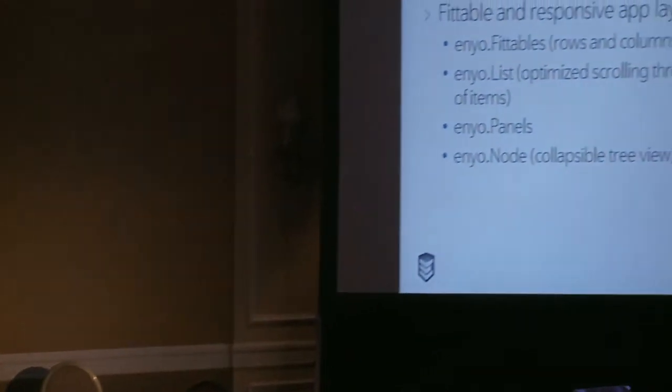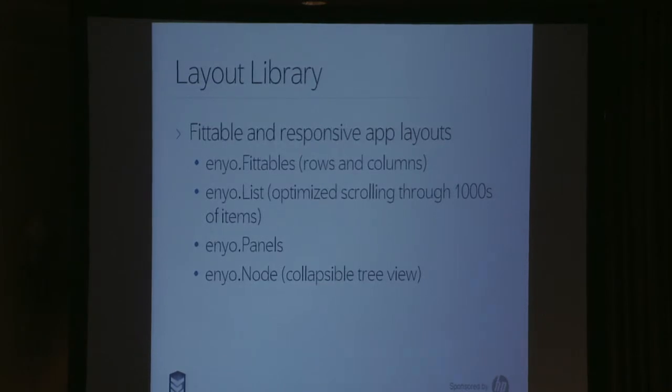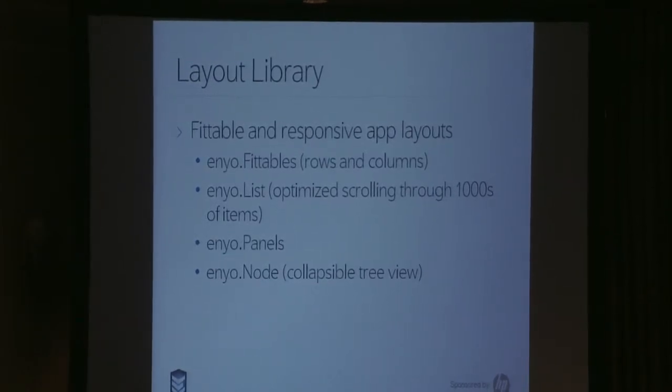All right, so that was pretty much the high points of the core framework. On that earlier slide, you saw we have the layout library, and this is what gives us some responsive app layout stuff. And these are the main pieces of layout. Enyo.fittables is a parent to fittable rows and fittable columns, and it's kind of our answer to the fact that not all browsers support flexboxes.